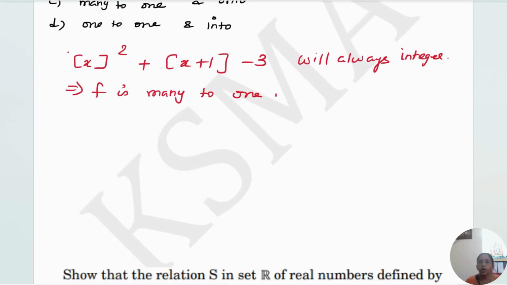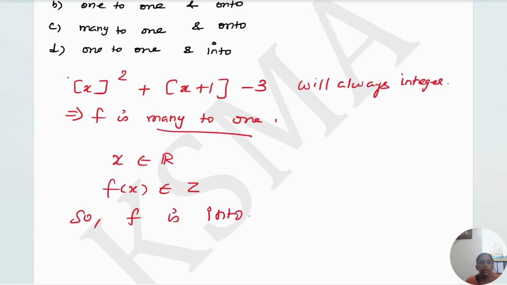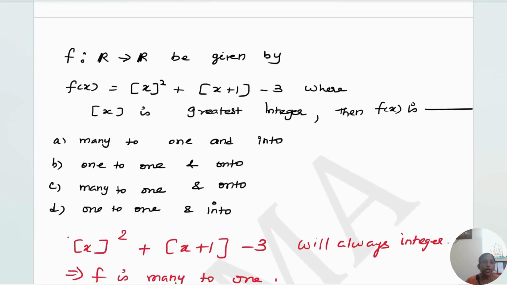If your input x belongs to the real numbers, and our output f of x belongs to the integers, since the greatest integer function is given to us, so f of x belongs to the integers. So our function f is an into function. So the combination is many to 1 and into. So what is our option? Many to 1 and into is our option.